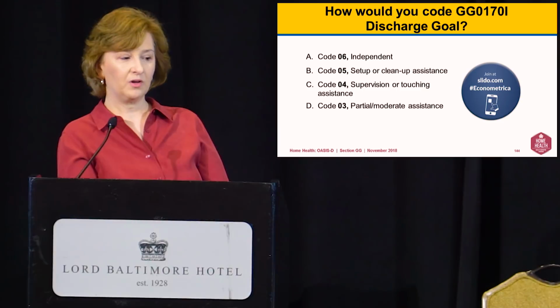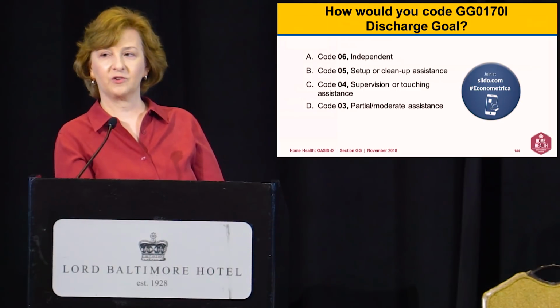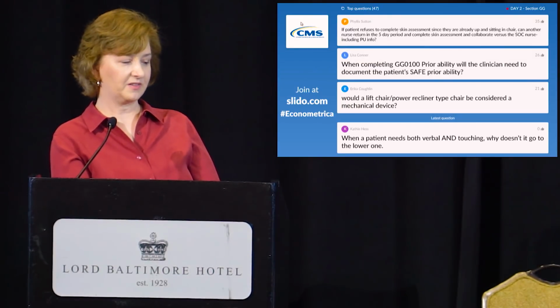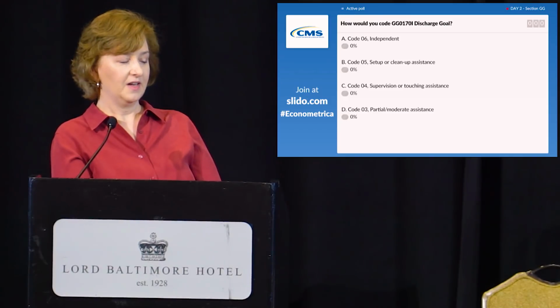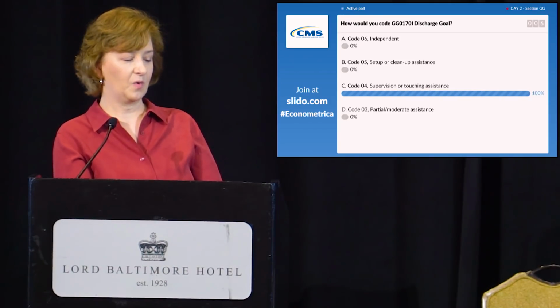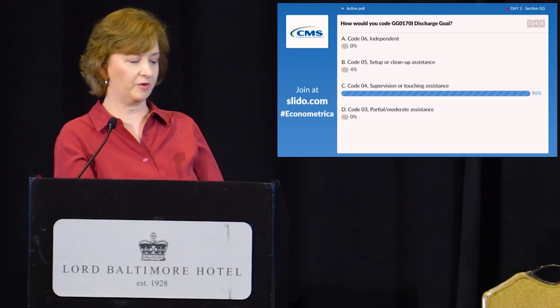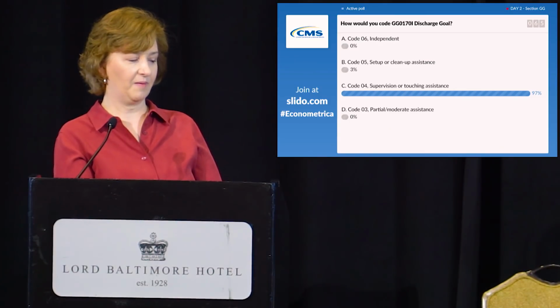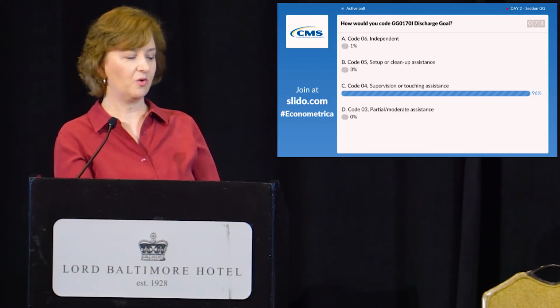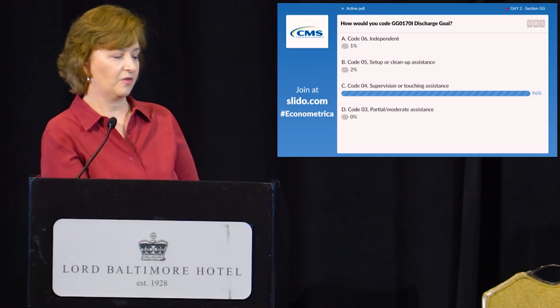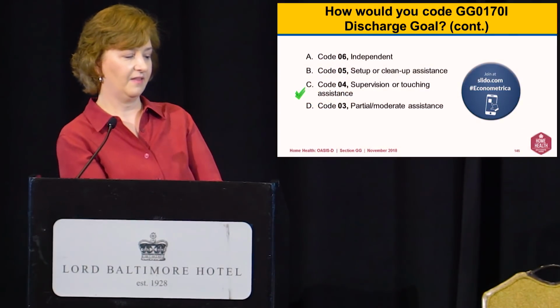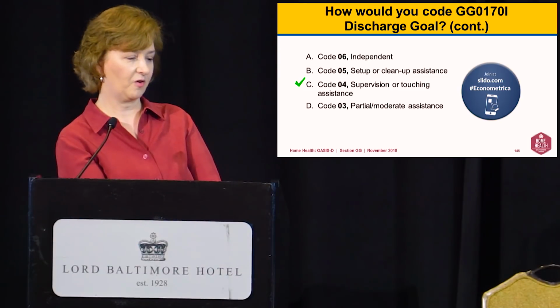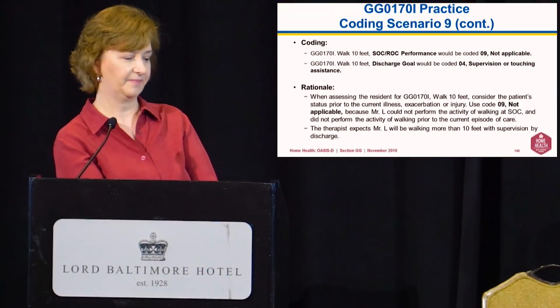And in terms of goal, again, it said that he is expected to provide supervision assistance. And so the options are 06, independent; 05, setup, cleanup assistance; 04, supervision; 03, partial, moderate assistance. Looks like mostly people are coding 04, and I do agree with that code, so 04 is the correct response.